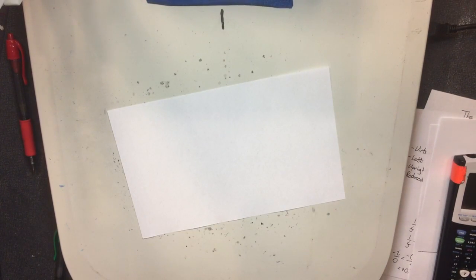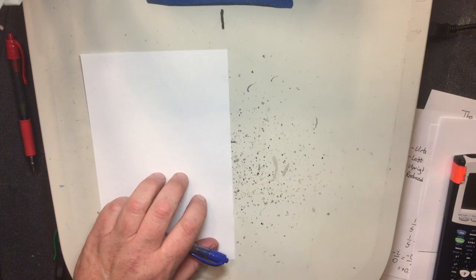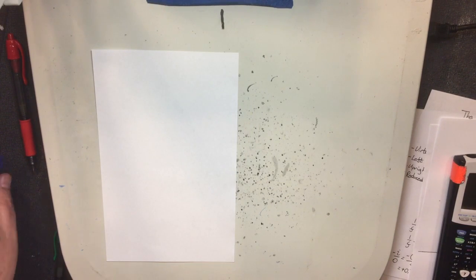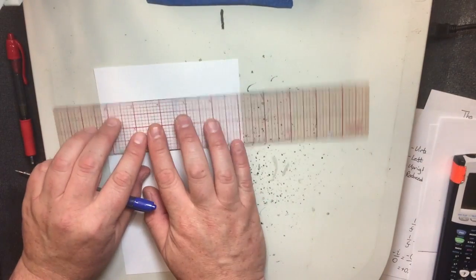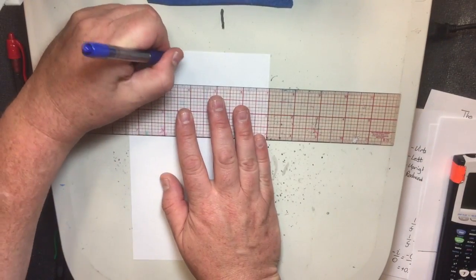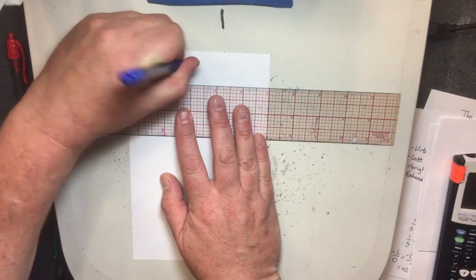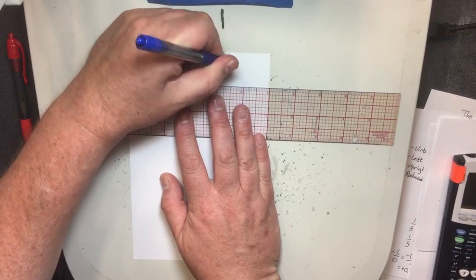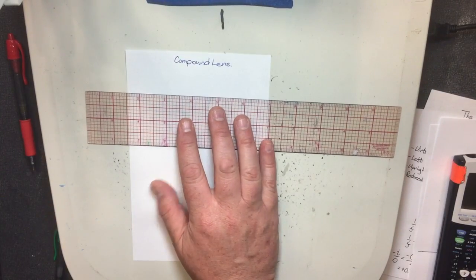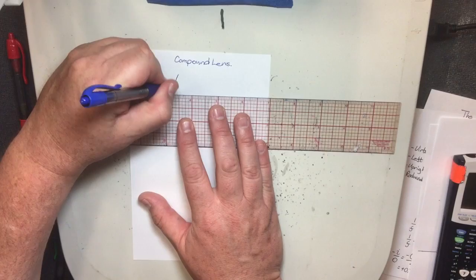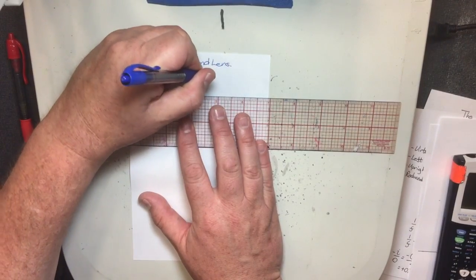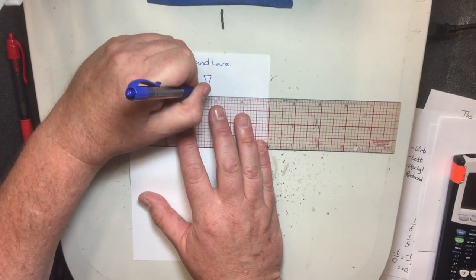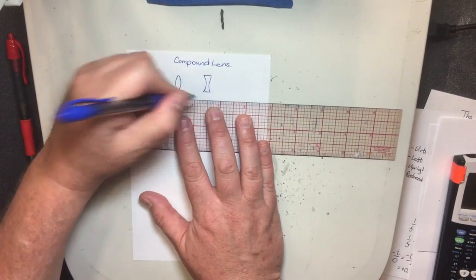Whew. In the lab today, you will have something called a compound lens. And what that is, you have a convex and a concave back to back.